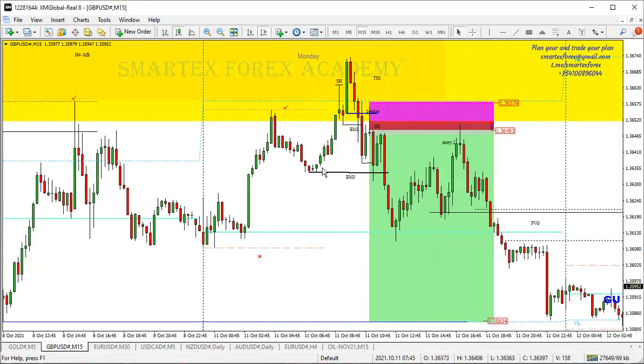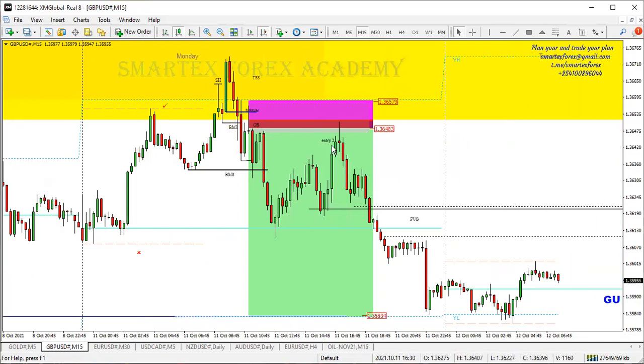Good trade. Now we have a BMS on M15, so we expect a return on M15. And the source of the movement that broke structure is this OB here. Now we have a big entry over New York Open, an OTE trade.